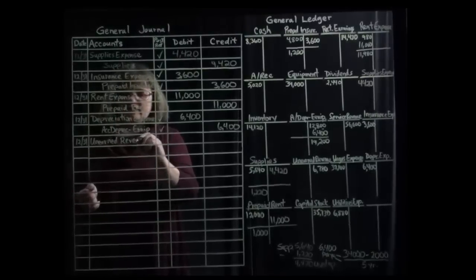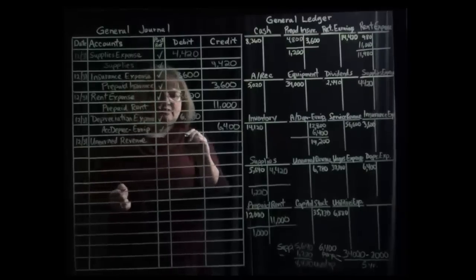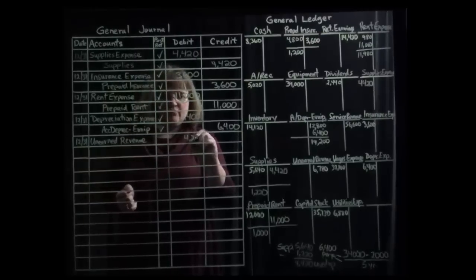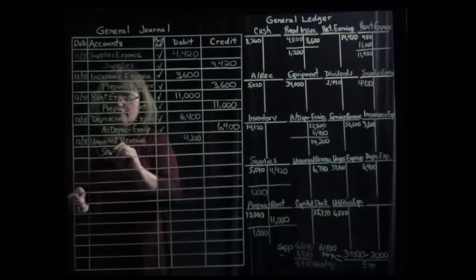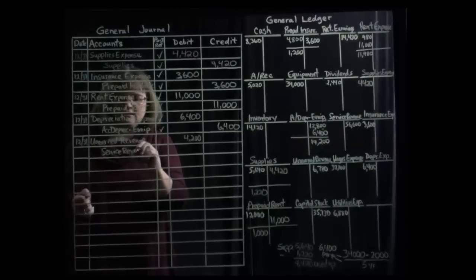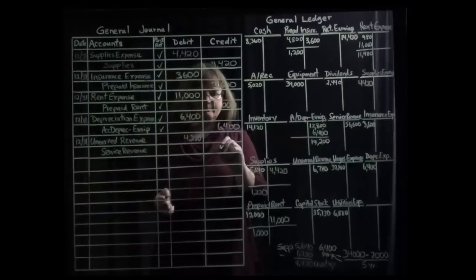In order to reduce them, we debit them. So we're going to debit the unearned revenue for the amount that we actually have earned, and we're going to credit the service revenue account, which will increase our service revenue, which is what we want to happen.